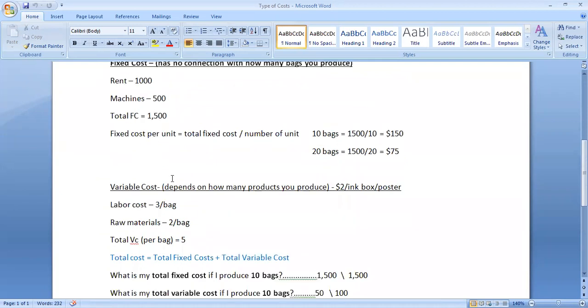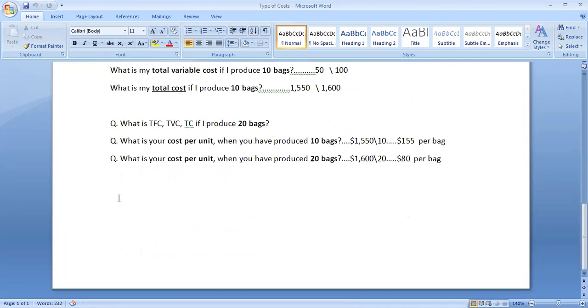Okay, look at this. If I ask you, how do you find out total cost per unit? What is the formula? Total variable cost plus total fixed cost.